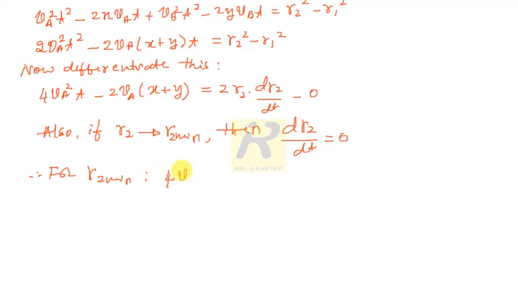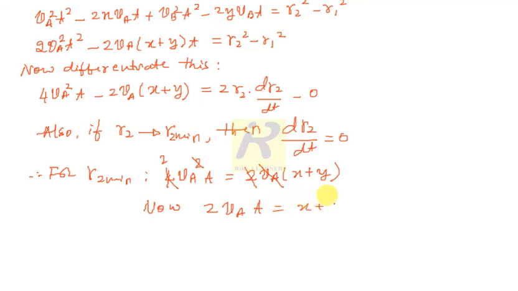Therefore, 4 va square t equals 2 times va into x plus y. Now I can cancel one of the va terms, and 2 can be cancelled here. Therefore, 2 times va t equals x plus y. Otherwise, I can write t equals x plus y divided by 2 times va. This is the general equation we obtained.